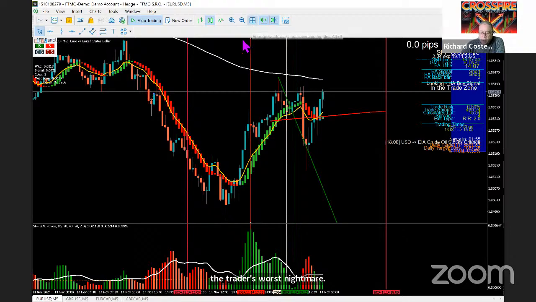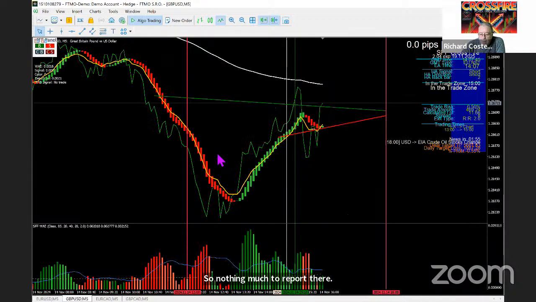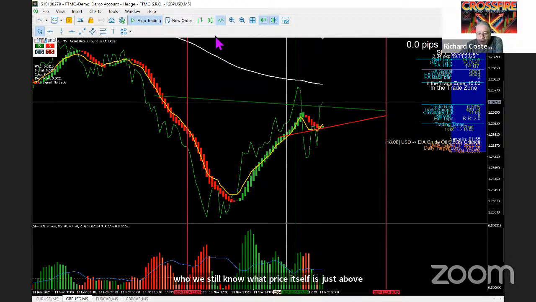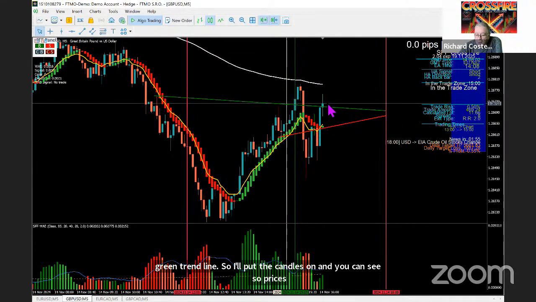If I go back to, well, no, price itself is just above the green trend line. So I'll put the candles on and you can see. It's just broken past the green trend line, but can you see it's hesitating?